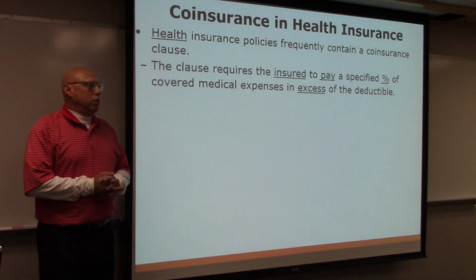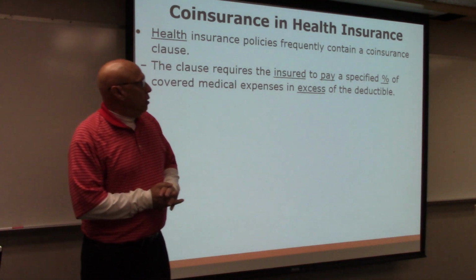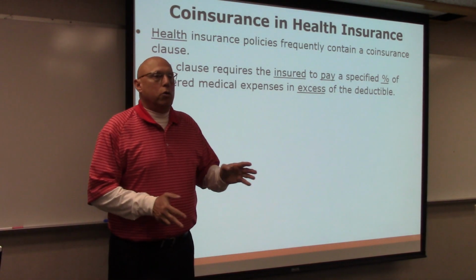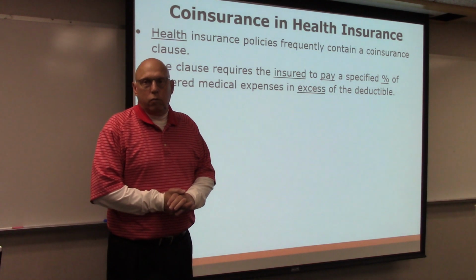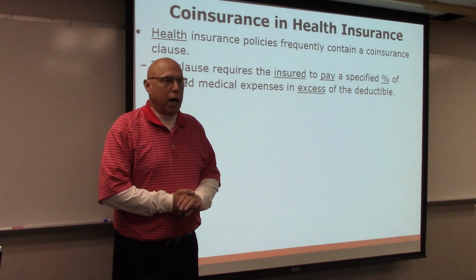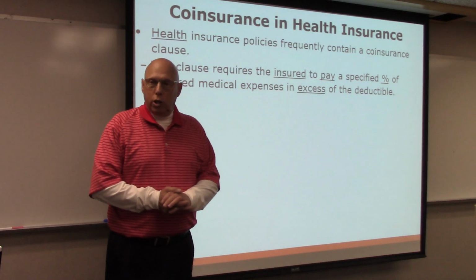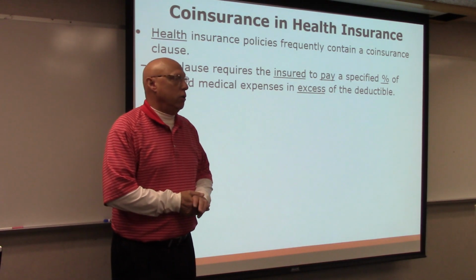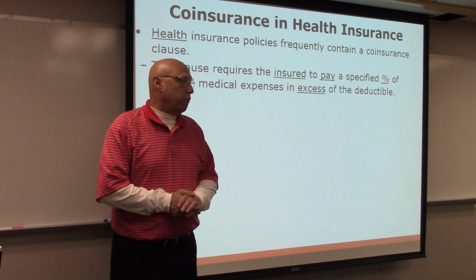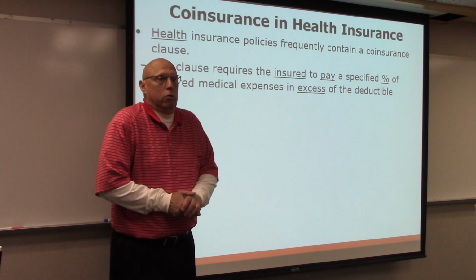What that means is every time you go to the doctor, you pay out of your pocket for the cost of the doctor until you hit a total cost that year of $500. So the first $500, it's all on you.